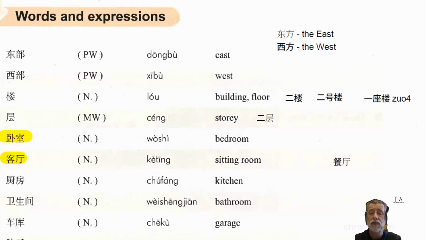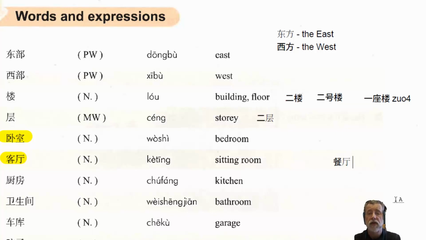That doesn't come up in this list, but 餐厅, 餐 is a meal. 厅 is a room or a hall. Different scale, I know, but I guess in a sense, a 客厅 or a 餐厅 might be slightly larger rooms in a house. But anyhow, the word for a sitting room or a lounge room or a family room is 客厅.